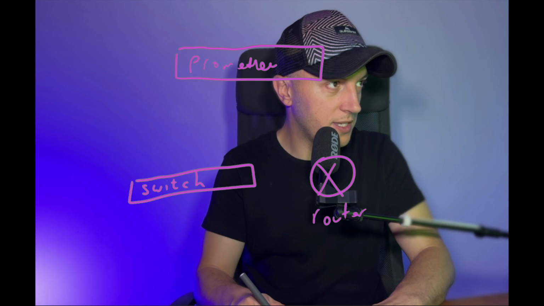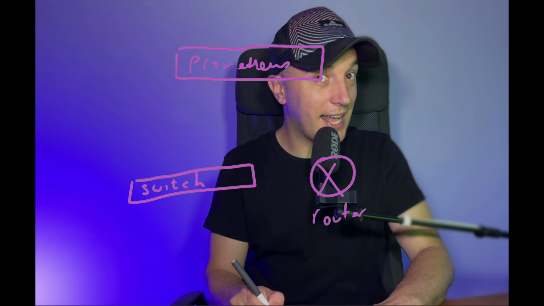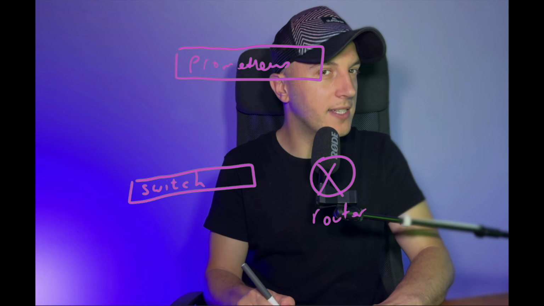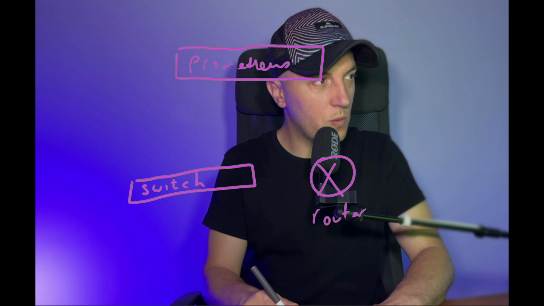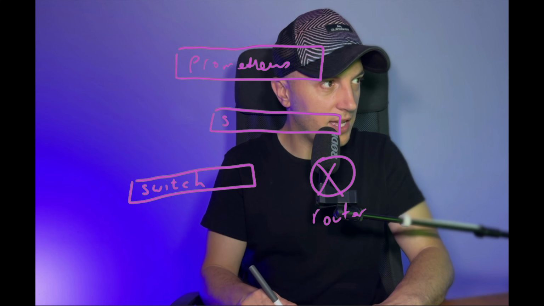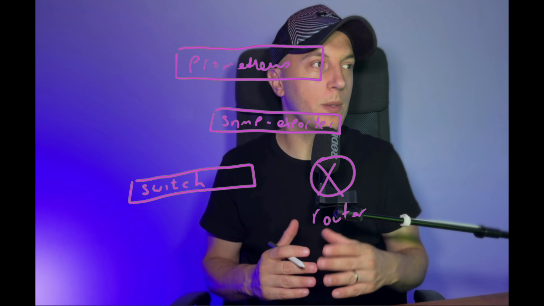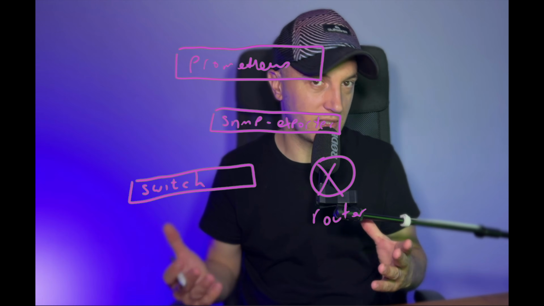Right, Prometheus. And Prometheus, to be able to talk to the switches using SNMP, cannot do that on its own. So we would need a special software called SNMP-Exporter. Now, SNMP-Exporter acts as a translator between Prometheus and your network devices.